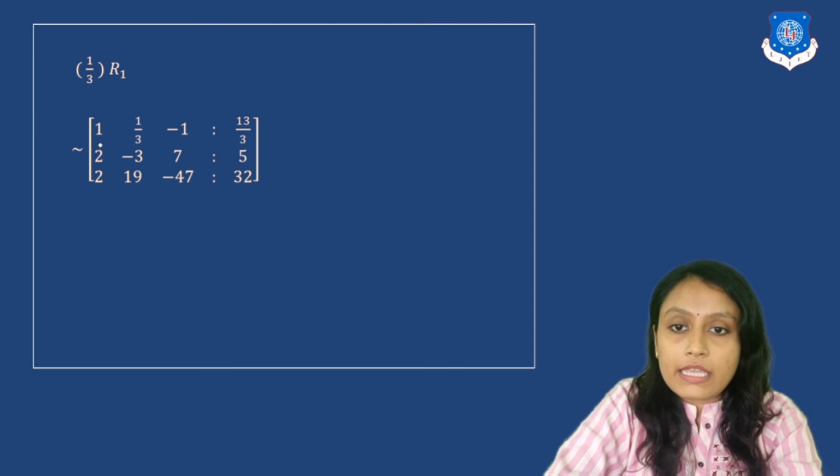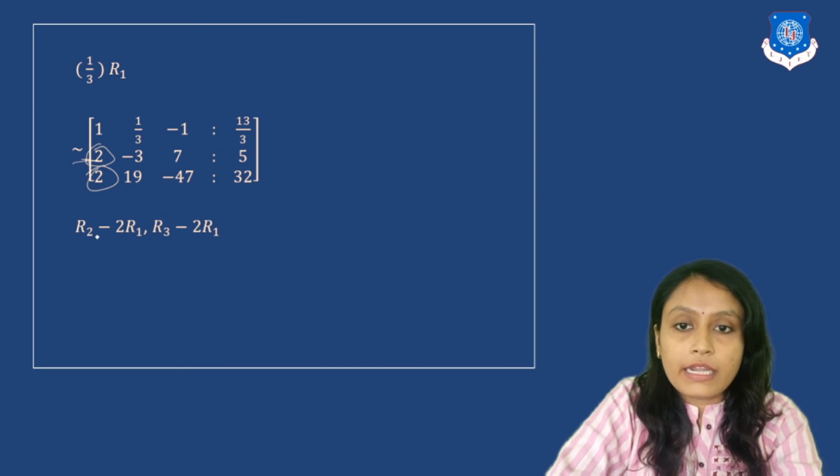Now the next step is to make 0 over here. So we will use the operation R2 - 2R1, since the leading 1 is in the first row, and we make the changes in R2. Then to make 0 over here, we will write R3 - 2R1, and we make the changes in the third row.